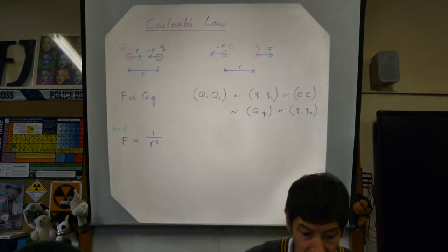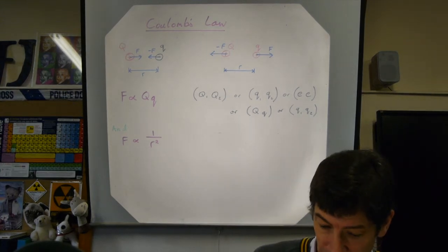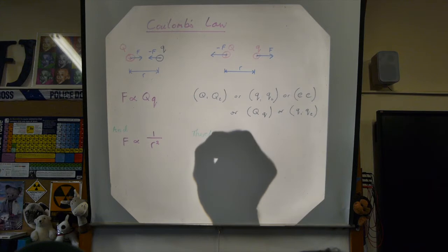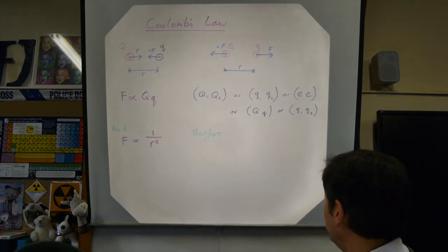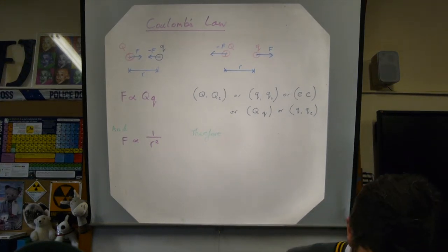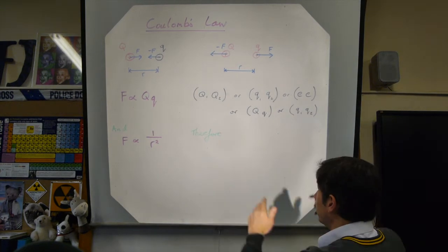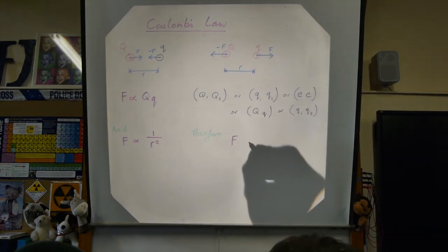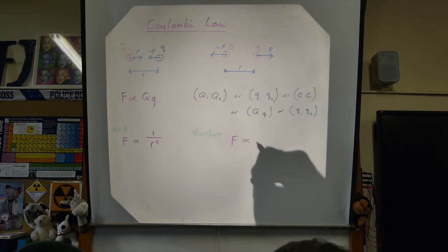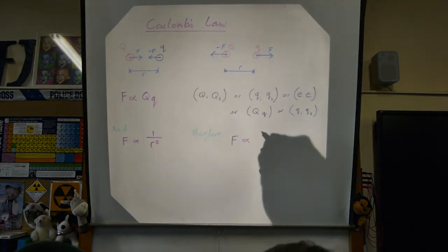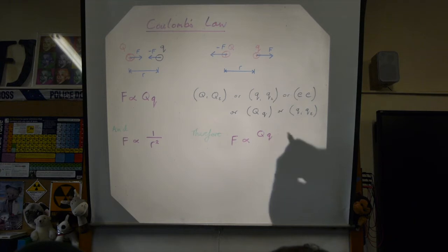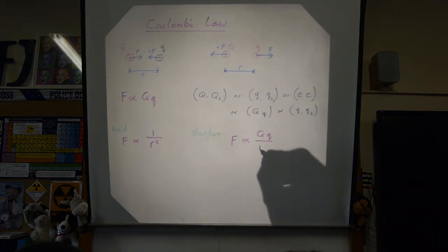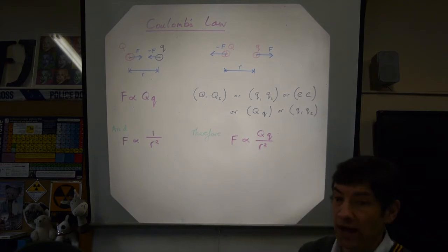So let's put all this together and we'll get our equation for this. I don't know if you can see the green pen. Therefore, the force between point charges is proportional to the product of the two charges, and inversely proportional to their separation squared.